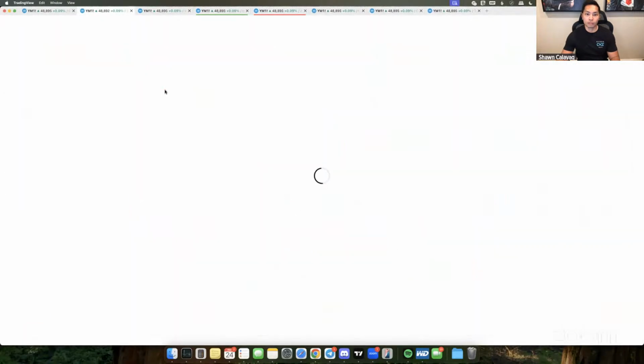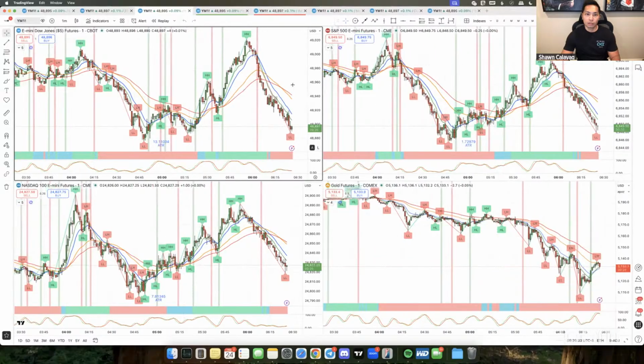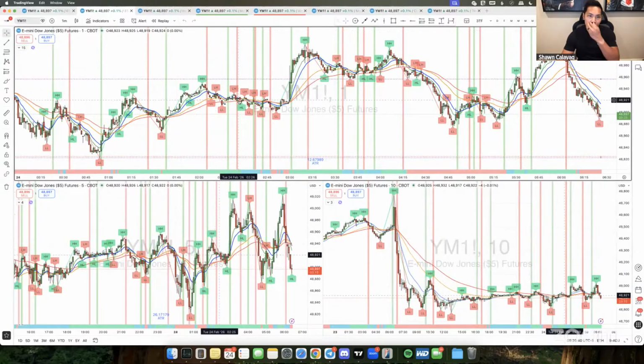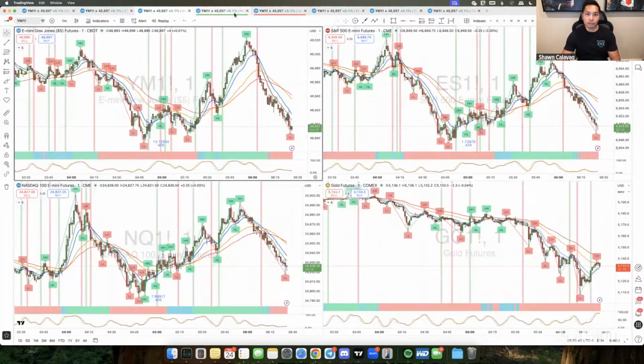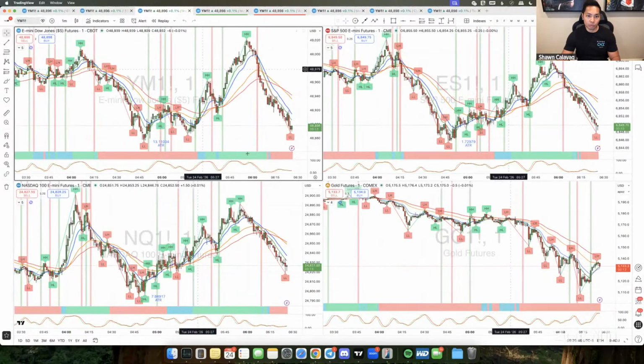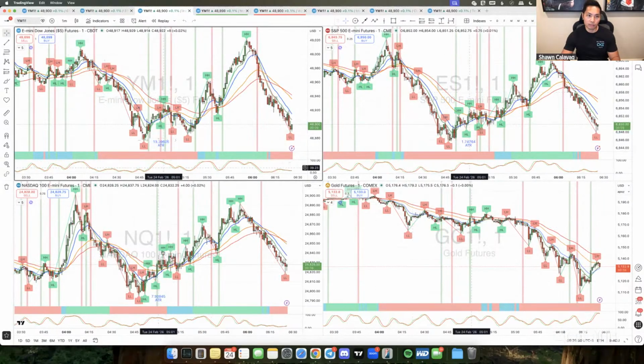Let's refresh these. Okay, there we go. I just need to refresh all the pages, I guess. And I hate when TradingView does that. They update and then they don't say anything, and then it looks completely different. Okay, cool. I specifically want it for the ones with multiple windows, so I know exactly what I'm looking at. So ES, NQ, YM, GC, etc., whatever.